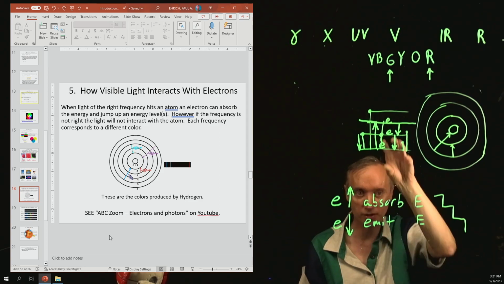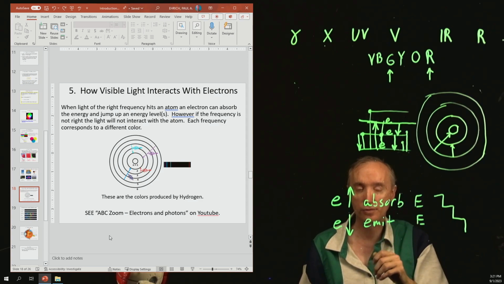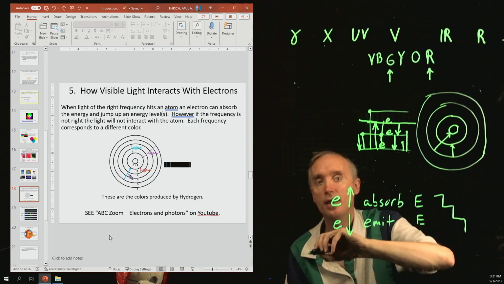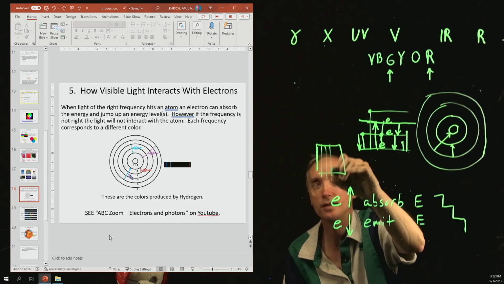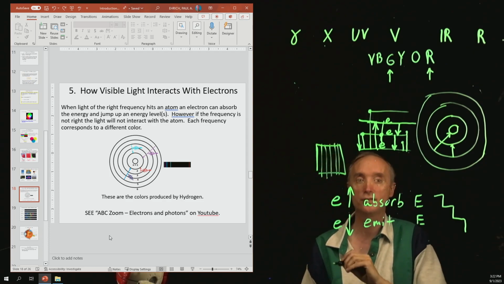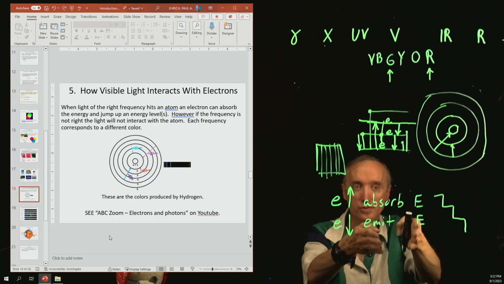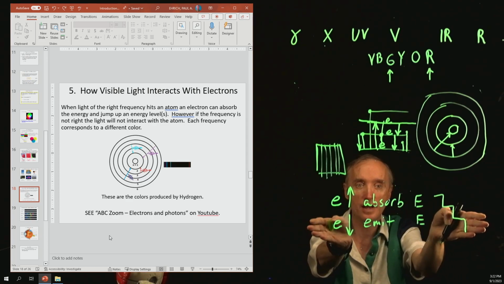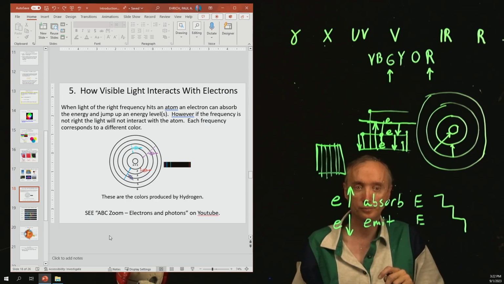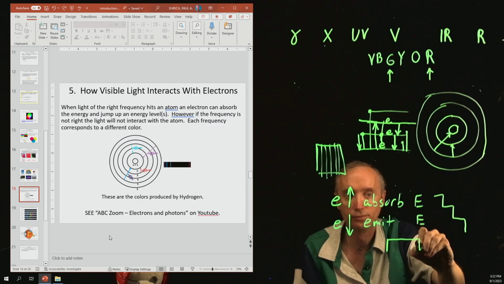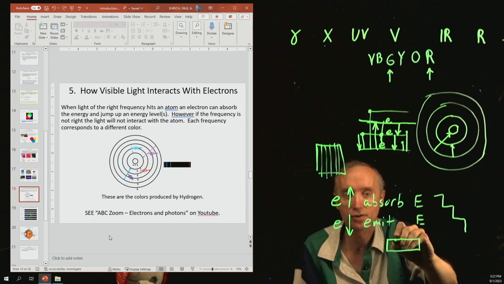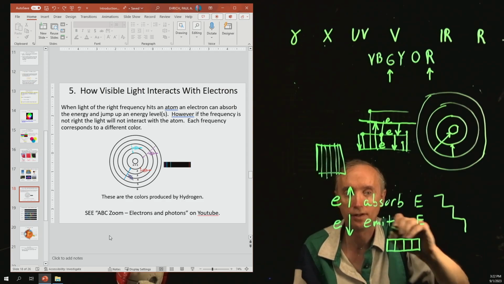So when we look at the light produced by atoms, we get an atom excited, so the electrons are jumping up and down. We look at it through a special device called a diffraction grating. Later, we're going to talk about what diffraction is. But a diffraction grating is a piece of plastic that has a whole bunch of lines scratched into it. When light goes through it, it spreads it out into the rainbow of colors. So look at that black rectangle, and do you notice it's got certain colors in it?